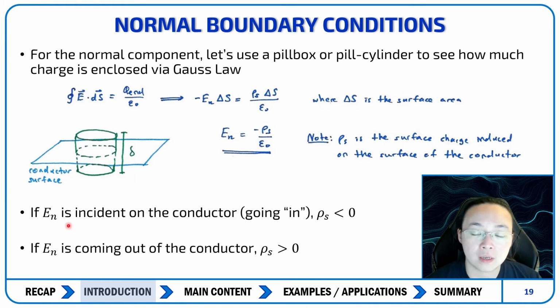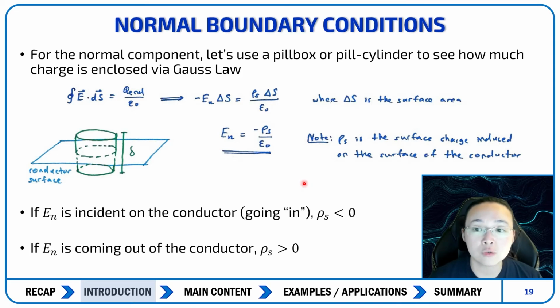There are two things we note from this. If the normal component of the electric field is going into the conductor, that means your surface charge density is going to be less than 0. That makes sense because negative charges will have electric field lines coming towards them. Now, if the normal component of your electric field is coming out of the conductor, then you're going to have a charge density that's greater than 0, and that makes sense because positive charges will have electric field lines radiating out of them.